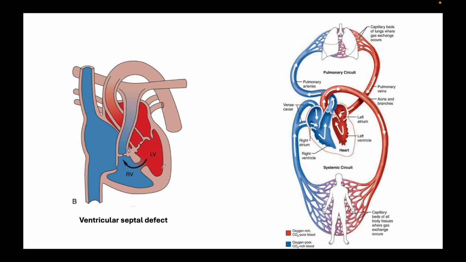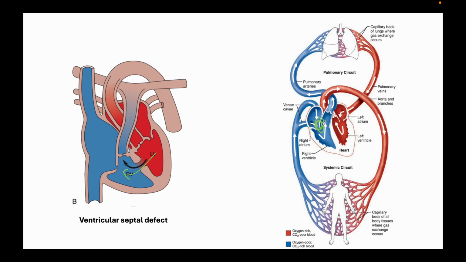As I mentioned earlier, the blood in the left ventricle is pumped at a much higher pressure than the right side. Therefore, oxygenated blood is shunted from the left ventricle to the right ventricle, aka left to right shunt. Now, oxygenated blood is mixed with deoxygenated blood.